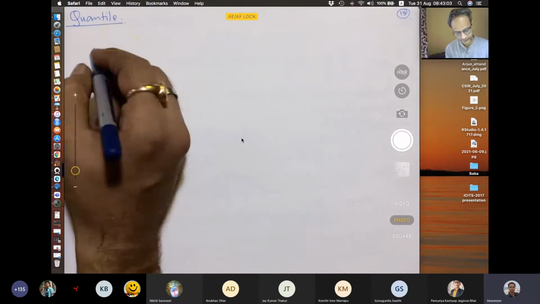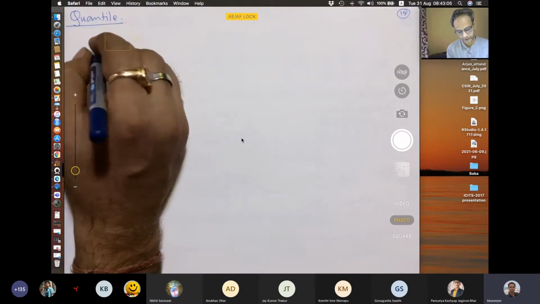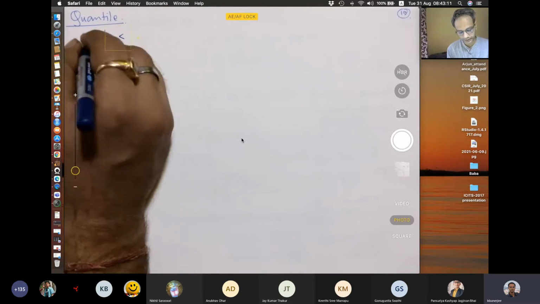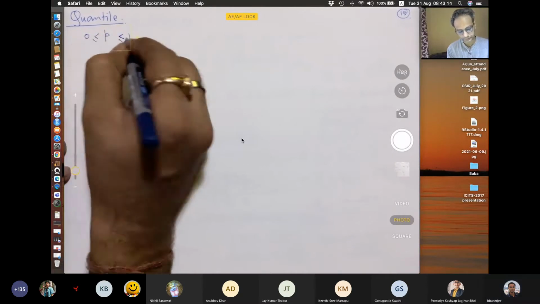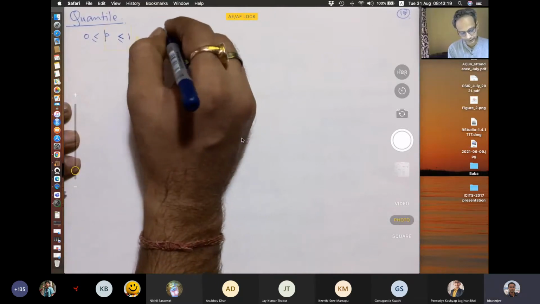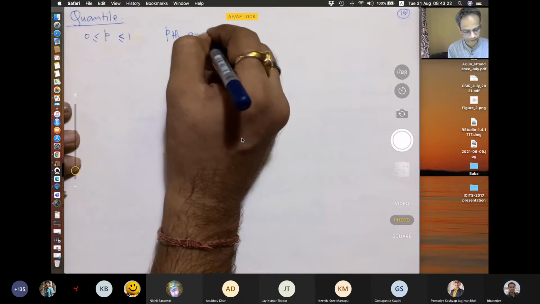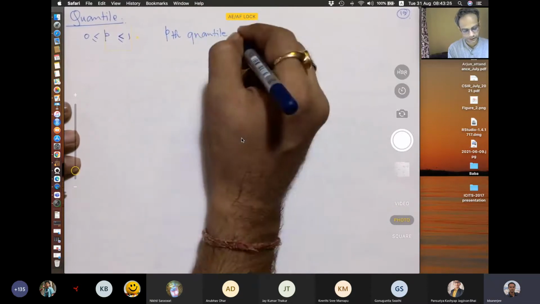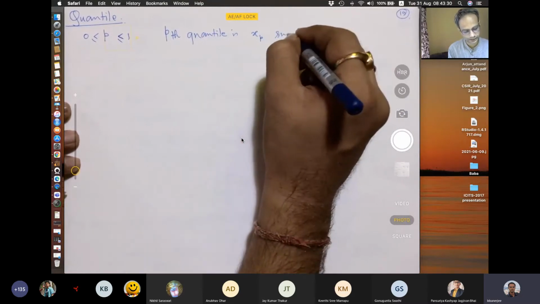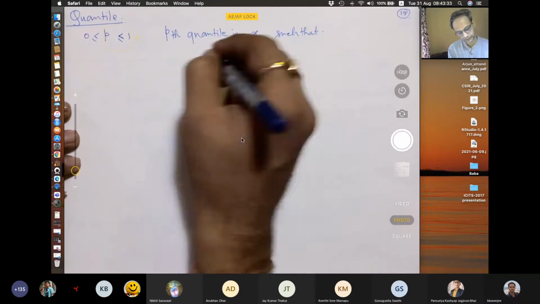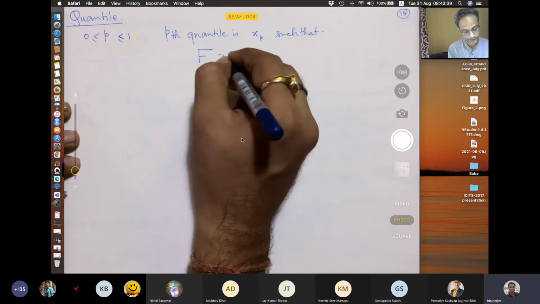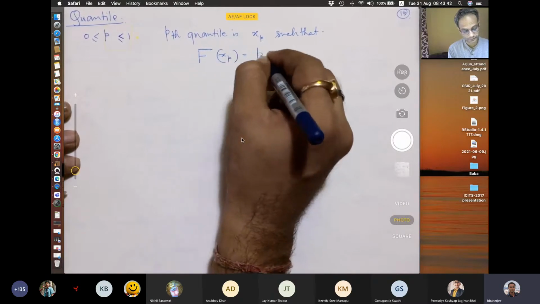If you consider p between 0 and 1, then the pth quantile is xp such that F of xp equals p.